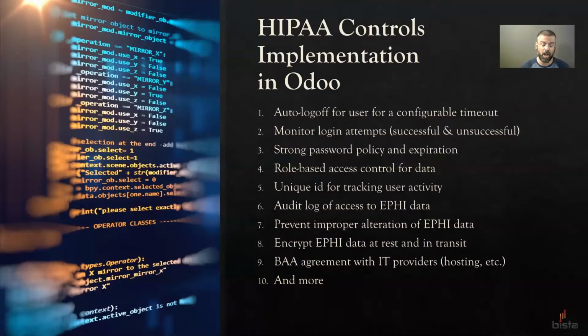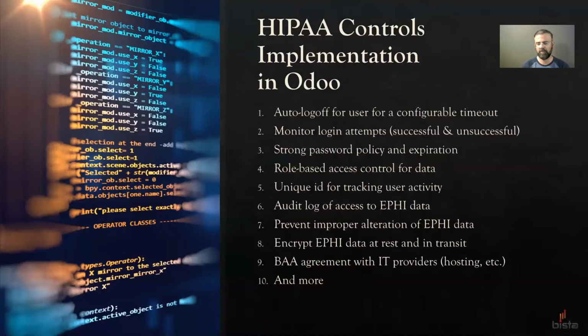There are certain audit log requirements for ePHI which can be achieved in Odoo with a community module, but it needs to be implemented in a proper way so that it is compliant and meets the requirement, but also does not adversely impact your performance. Again, we talked about encryption. It has to be encrypted at rest and in transit.